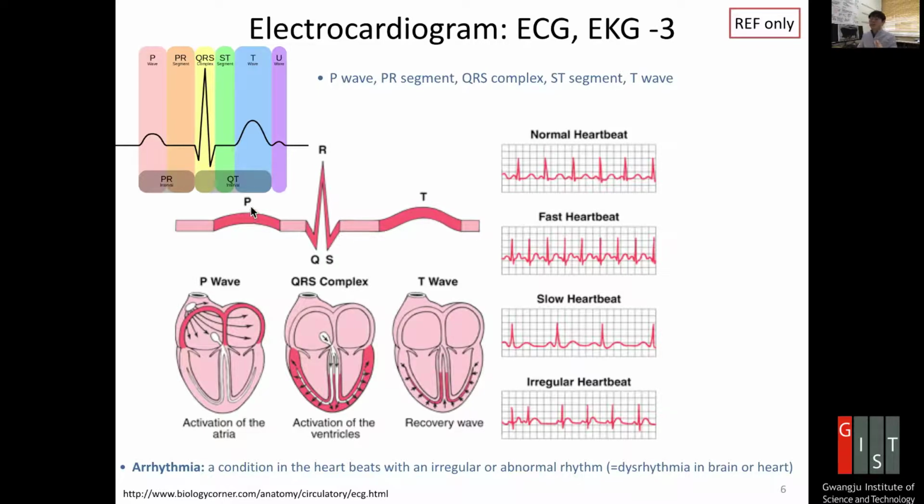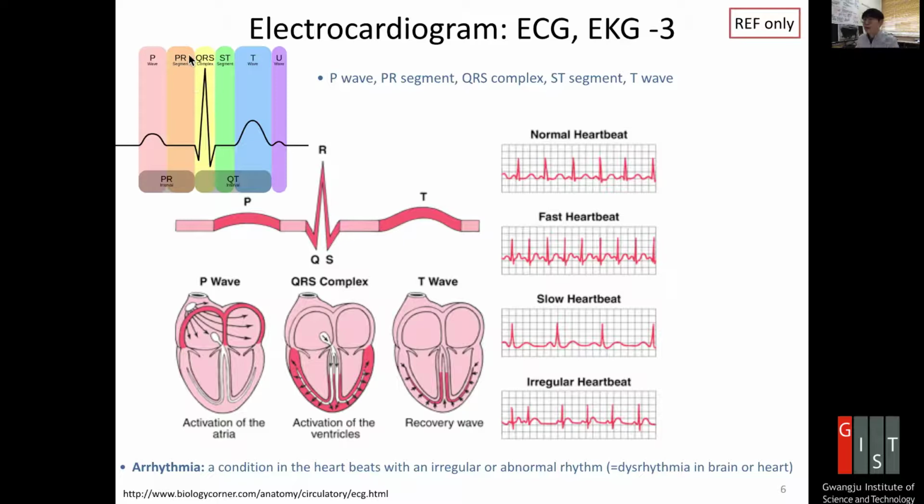So the P, QRS, T, and sometimes U wave give us physicians an idea about the status and the functioning of your heart. So this P as a wave, QRS as a complex, and T as a wave, we are also interested in the intervals, the timing dynamics.